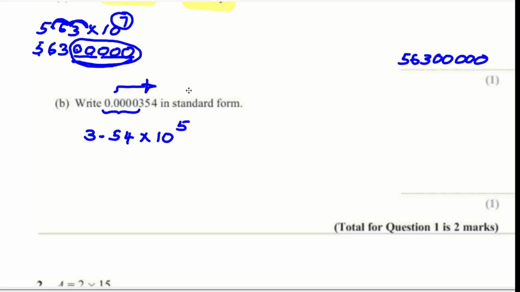Since you went backward, you make the power negative. Then your answer is 3.54 × 10^-5. Always, if the number is a decimal one, the power is negative. If the number is a whole number, the power is positive.